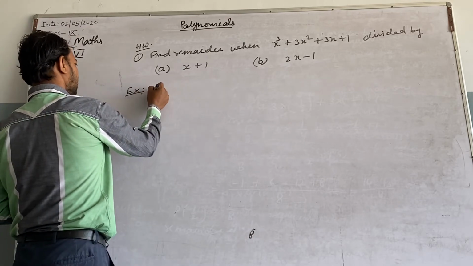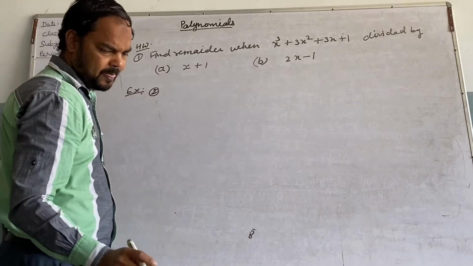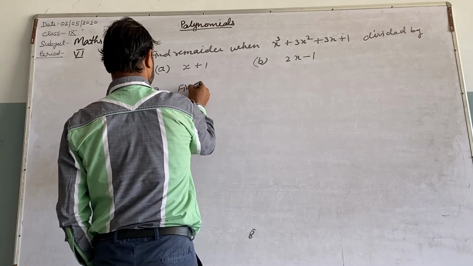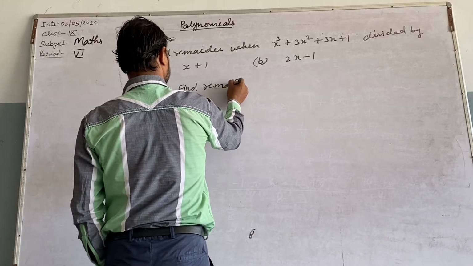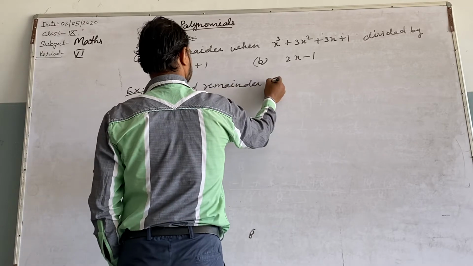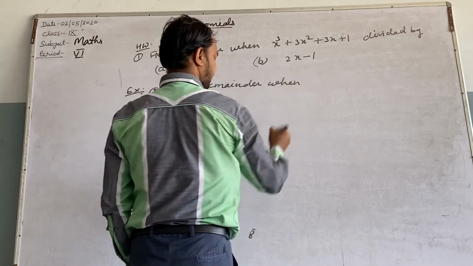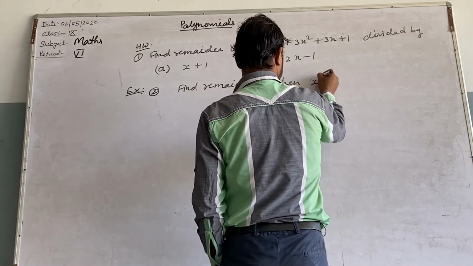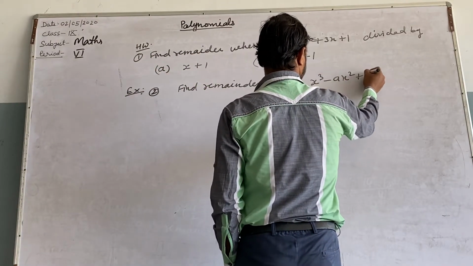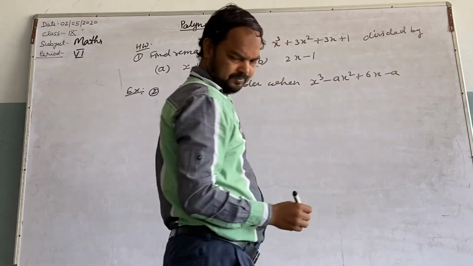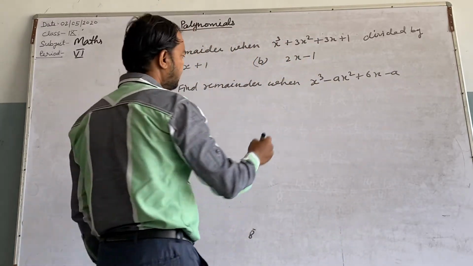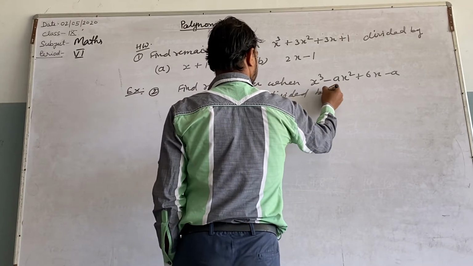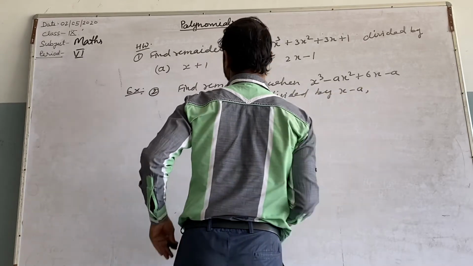Question second. Example second. Find the remainder when x cube minus ax square plus 6x minus a is divided by x minus a, right?